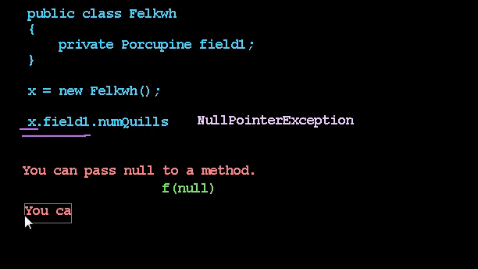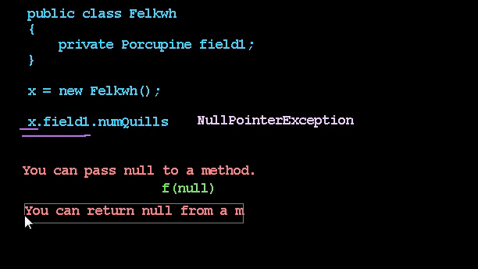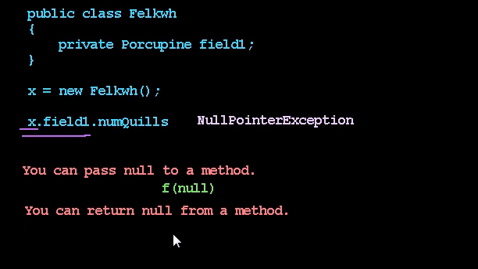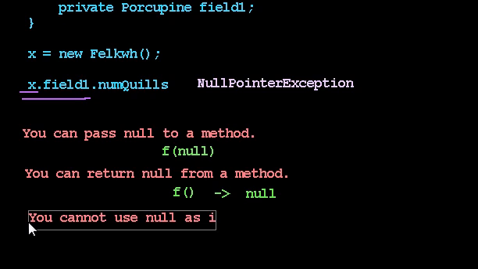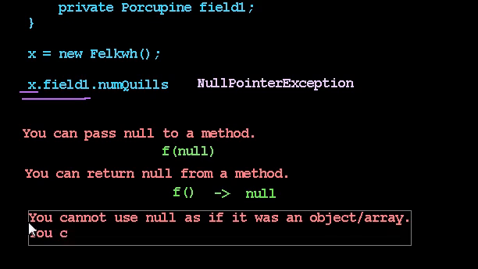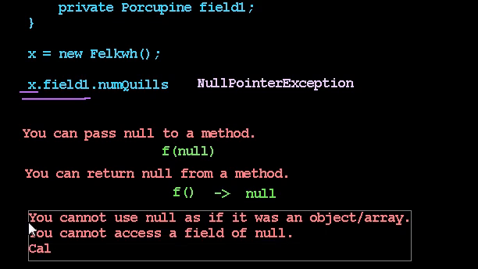So what else can I do? You can return null from a method. There's nothing wrong with me calling a method that gives me back the value null. That's perfectly fine too. The only thing I can't do is use null like an object. You cannot use null as if it was an object or an array, and specifically, you cannot access a field of null, call a method of null, or access an index of null.